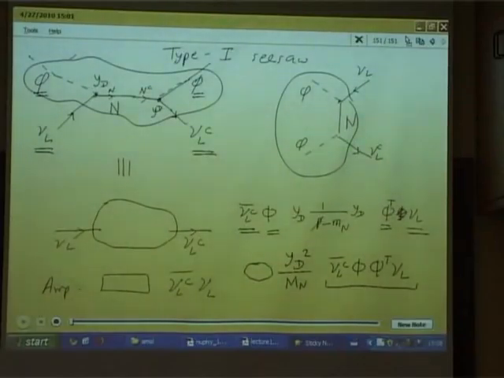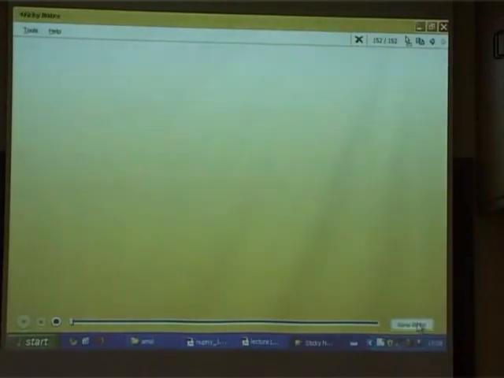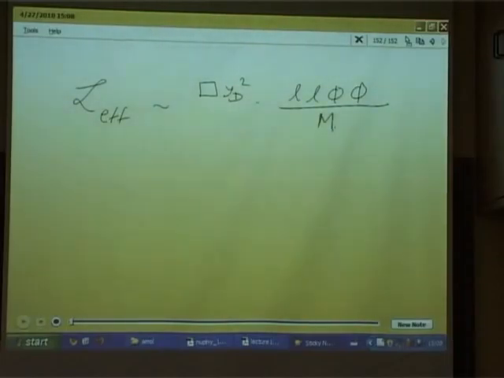So what this means is that I have an effective Lagrangian, which goes as some constant, some Y_D squared here, times something which is neutrino or LL phi in some combination divided by M. So this is dimension 5, M is dimension 1.